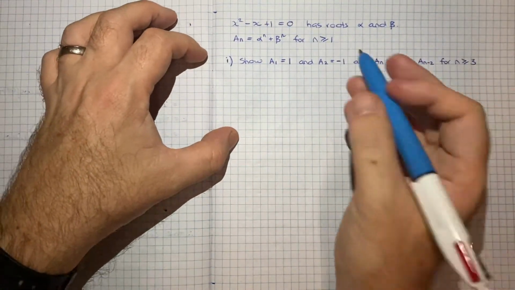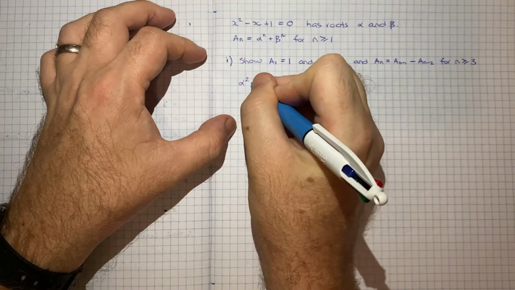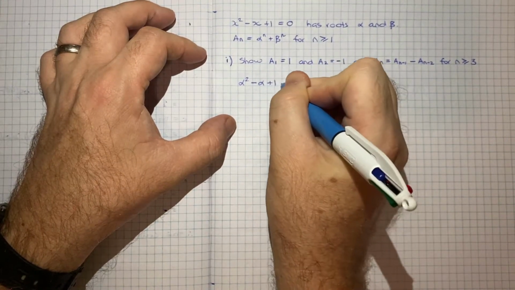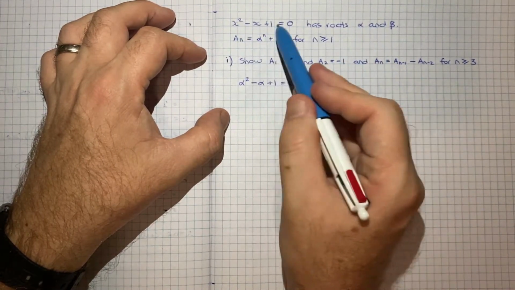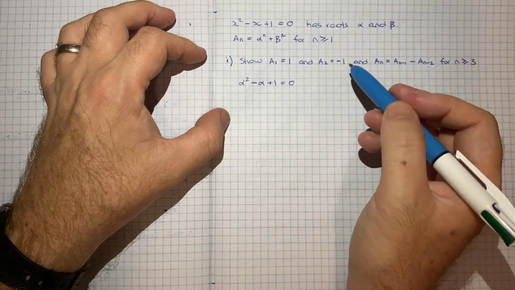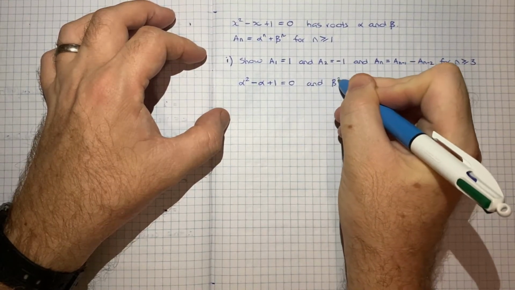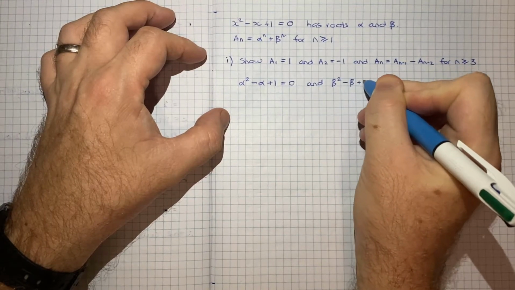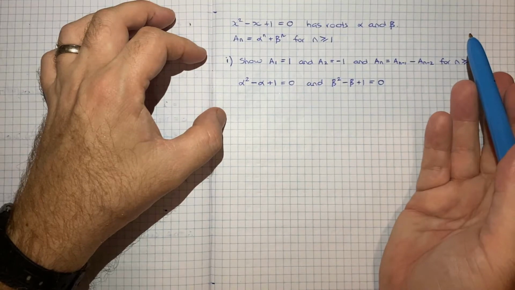So one thing we can say is that alpha squared minus alpha plus 1 is equal to 0, because you can put the root into the equation and know you get the solution. And we can say the same for beta: beta squared minus beta plus 1 equals 0. I think that's worth noting. It's probably going to come in handy.